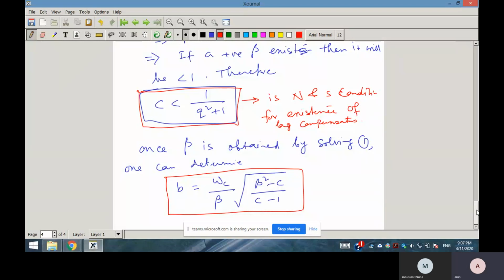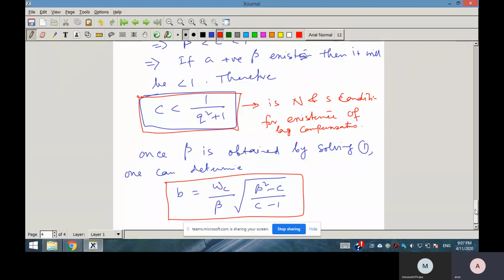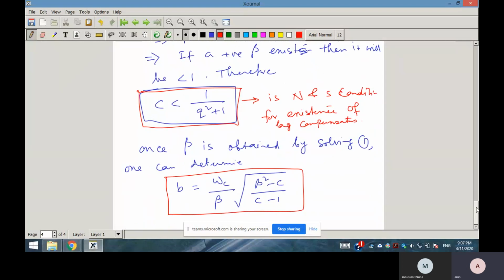All these things we will see through one example. One example I will consider which will cover all the designs: lead, lag, lead. It will be a very interesting example. Just for the timing, whatever steps I have discussed to design the lag controller, I will consider a small example.